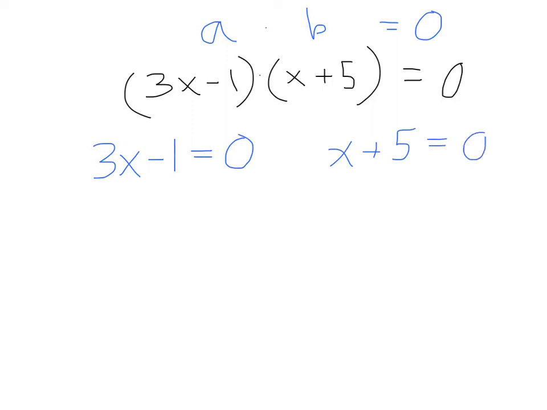And so what's nice about this problem is it's written in factored form, meaning that we have reduced A and B as far as they go. Perhaps this was a quadratic to begin with, and then we were able to factor or break it down into a couple of linear factors. You see how they're both linear. They have an x to the first power.